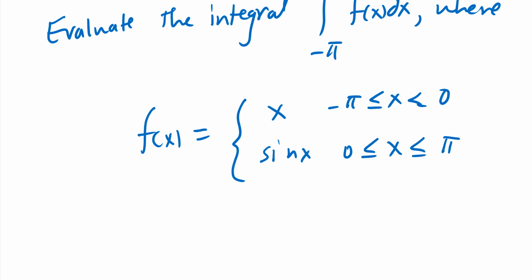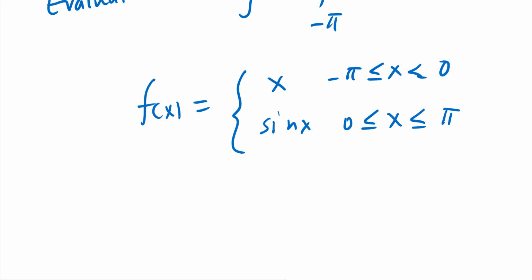Now the first thing I want to point out is the 0. How come it's 'or equal' at both of them? Because when x equals 0, we get 0, and sine 0 is 0, so it doesn't matter if we have the 'or equal' at both of them. So how are we going to evaluate this?